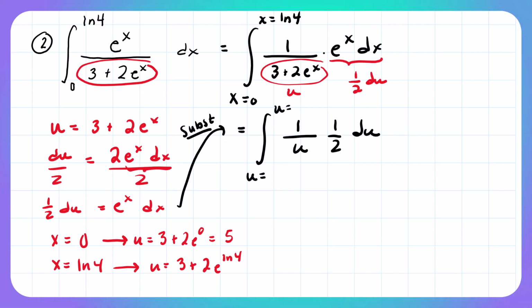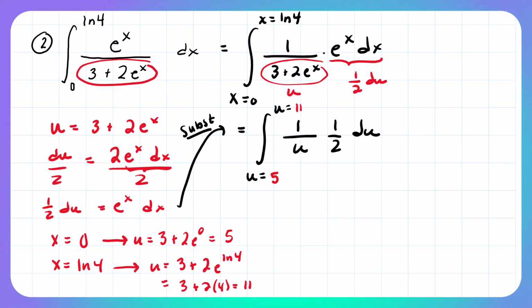So I'm going to go down below, so I'll have some space over there. So this is going to be 3 plus 2 times, well, e to the natural log of 4 is just 4, so 2 times 4. So this ends up being 3 plus 8, which is 11. So this is u equals, so again, switching the bounds, so I don't have to go back in terms of x. This is u equals 5 to u equals 11.